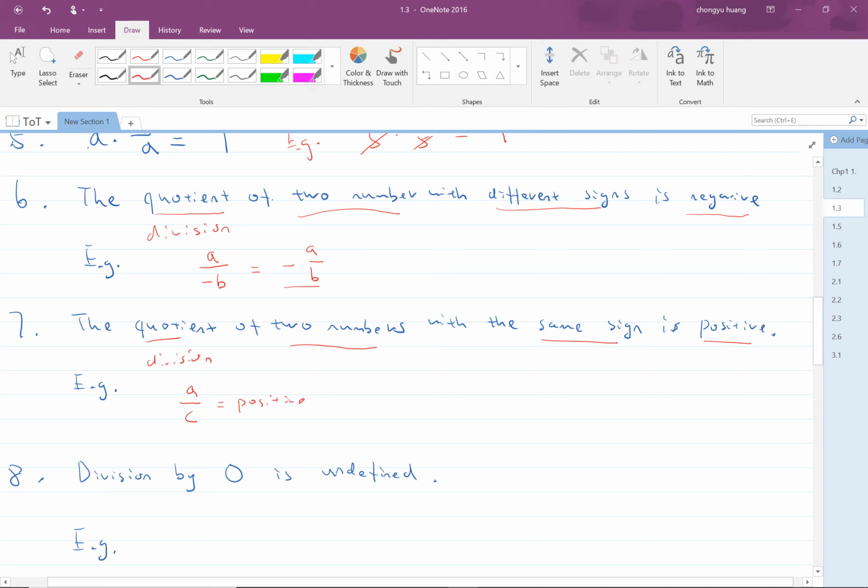This also applies when they are both negative, since they have the same sign. A is negative and C is also negative, but the negative and negative get cancelled, so it's going to be positive.